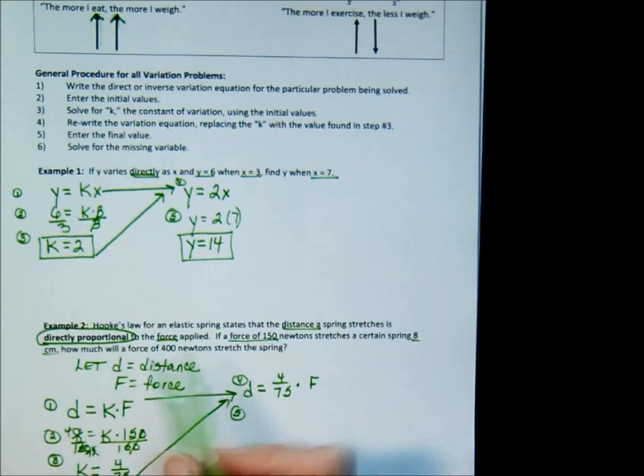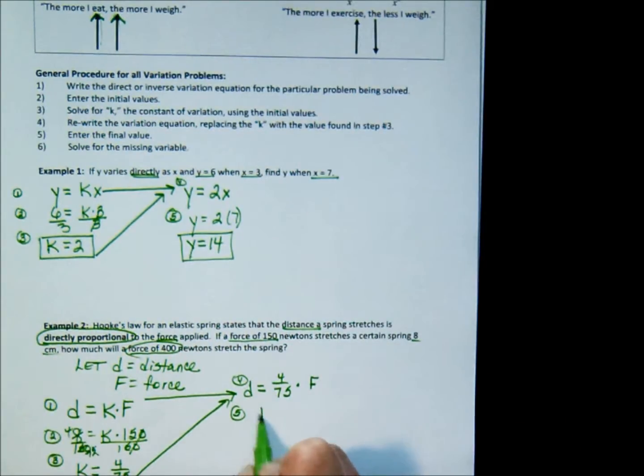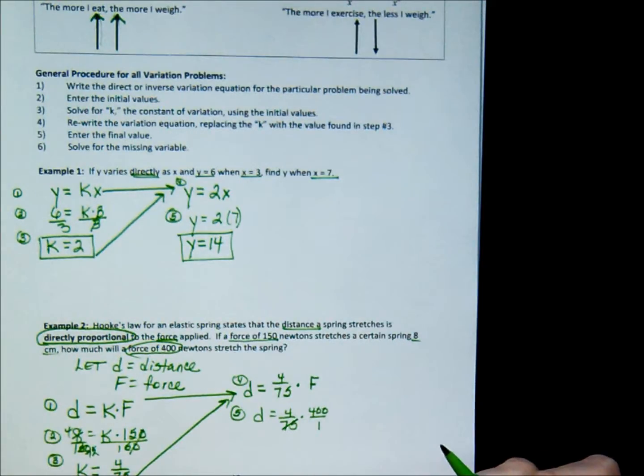How much will a force of 400 newtons stretch the spring? So it's giving me this force of 400. So D equals 4 over 75 times 400 over 1. I can simplify by dividing by a GCF here. So I'm going to divide by 25. 25 goes into 75 3 times. It goes into 400 16 times.